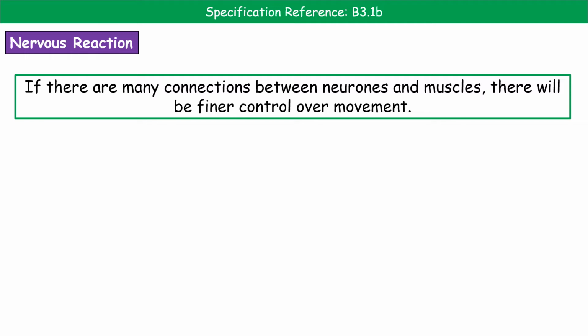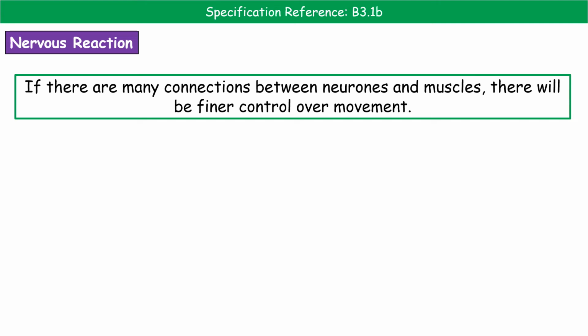Now, the reason for that is all down to how many connections there are between your neurons and the muscles. So there'll be the motor neurons and muscles, remember. If we have a large number of connections between the motor neurons and the muscles, that means that we can have much finer control. We can identify which bits of the muscles or how many muscle fibers we are going to stimulate at any given point to bring about this much more controlled motion.